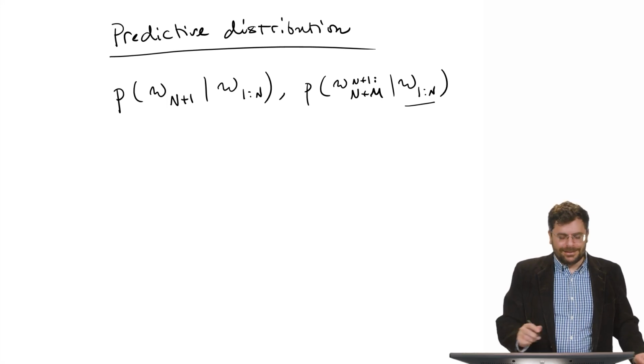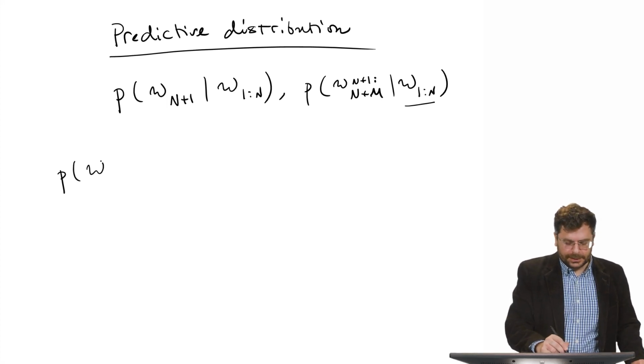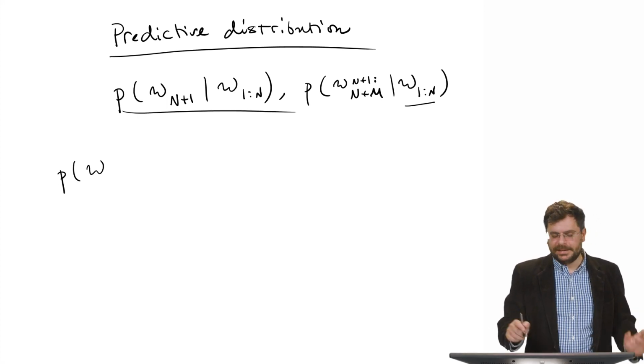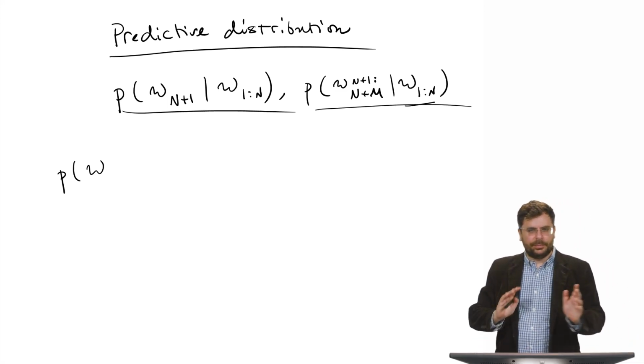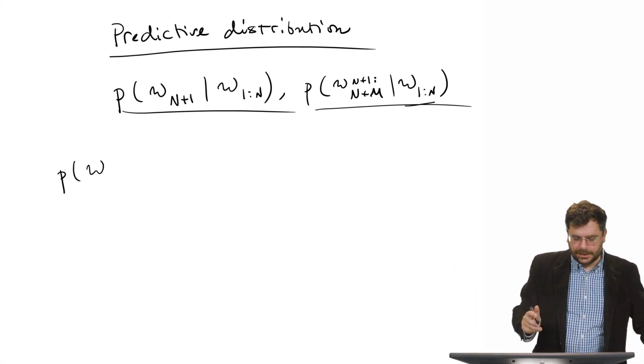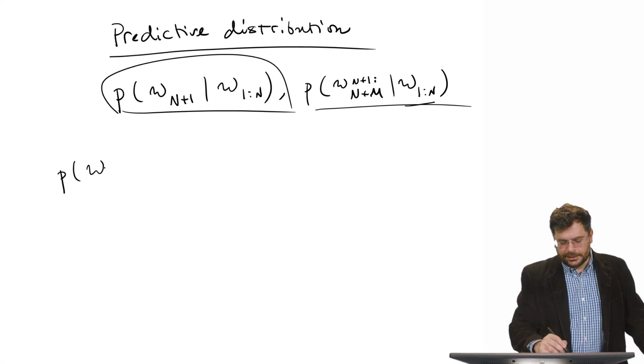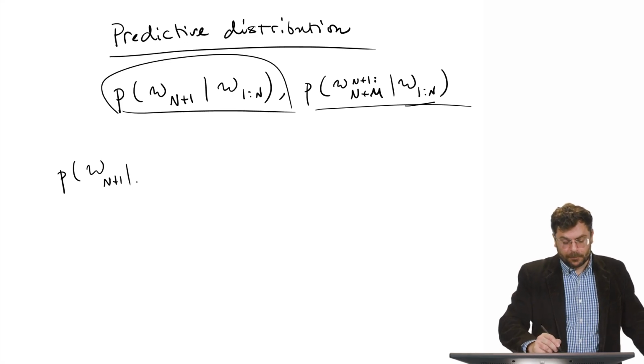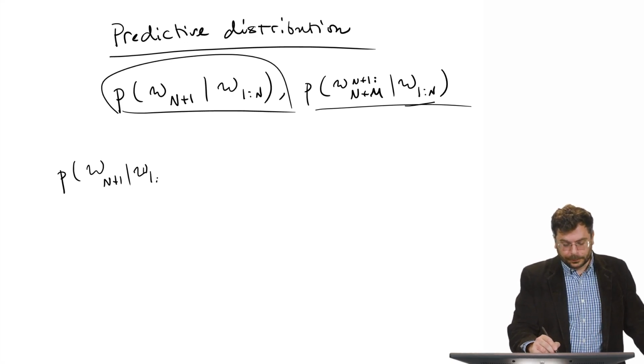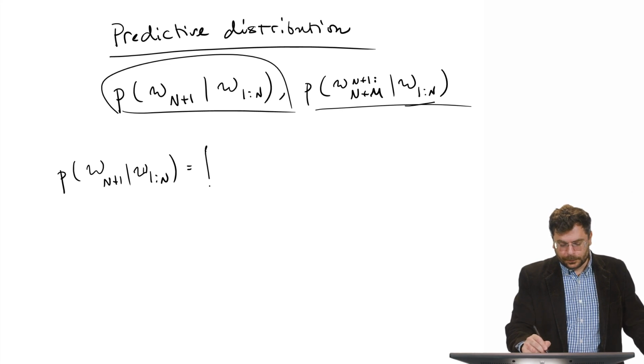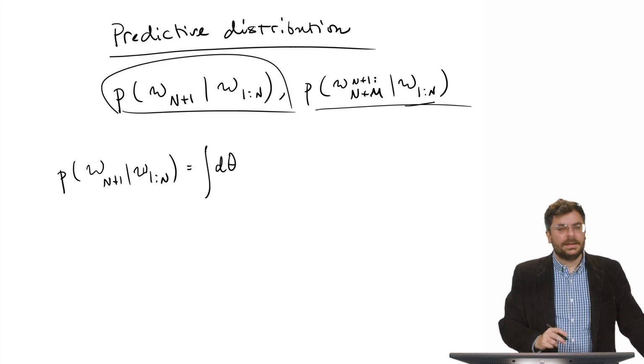So the question is, how do I go about constructing this? Let's work with the simpler one, and everything that I say generalizes to predicting a range of data. How do we go about constructing this? Well, we need to build our posterior.